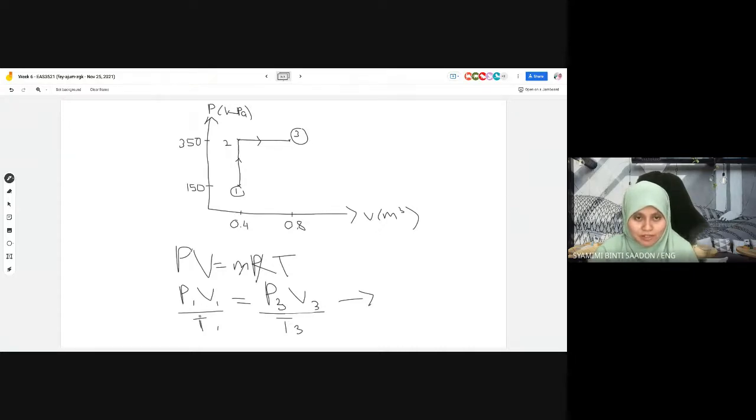T1 is 27 degrees, so change it becomes 300 Kelvin. P3 is 350 kilopascal, V3 is double of V1, so 0.8. And T3 is what we have to calculate. So what do we get for T3, the temperature?